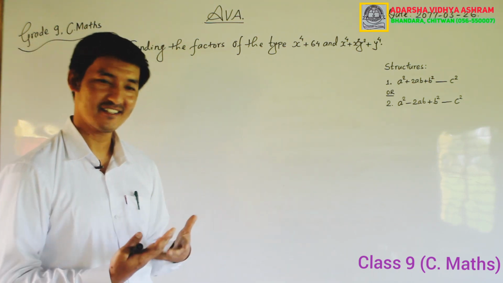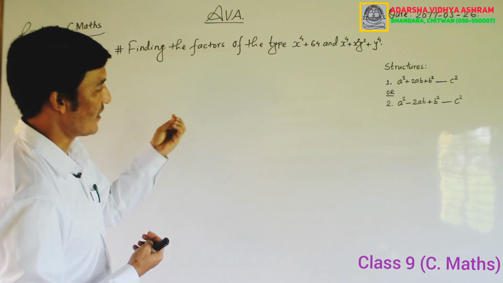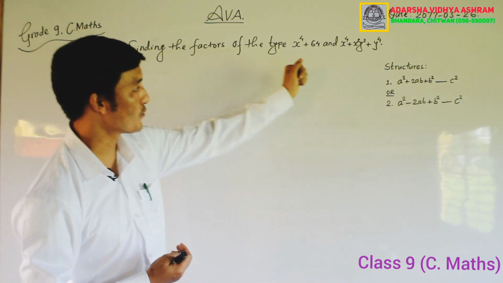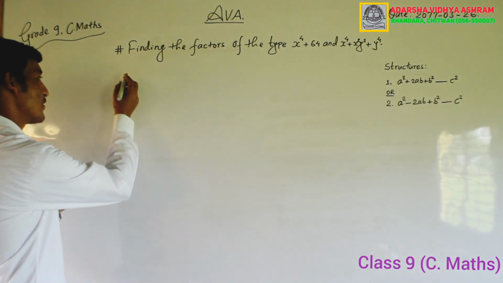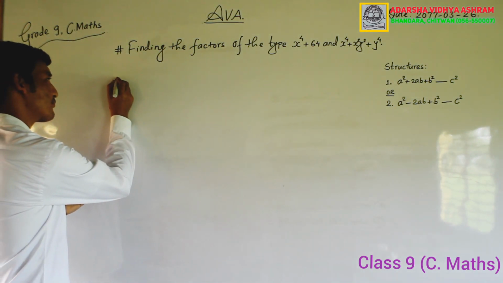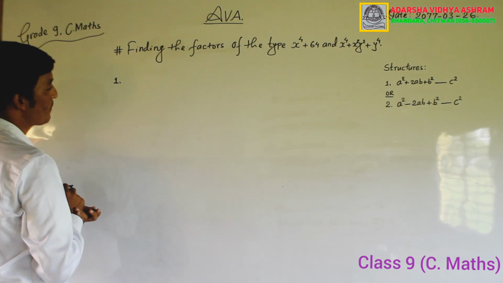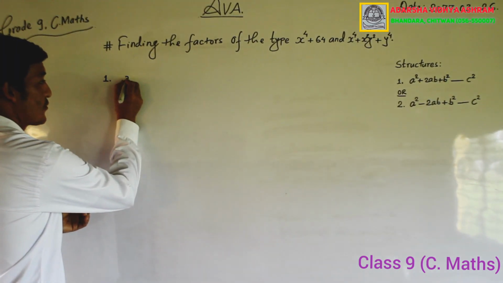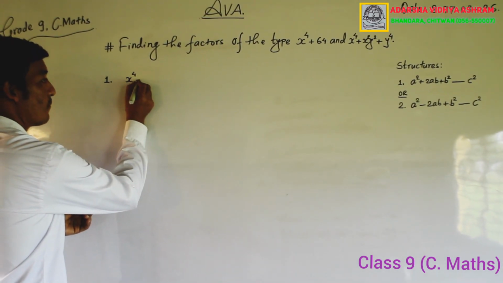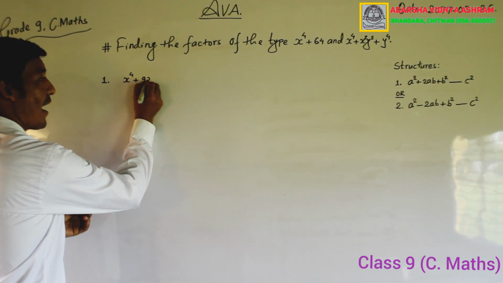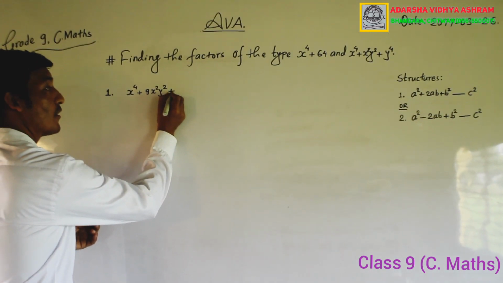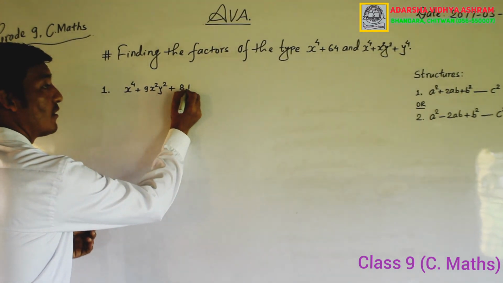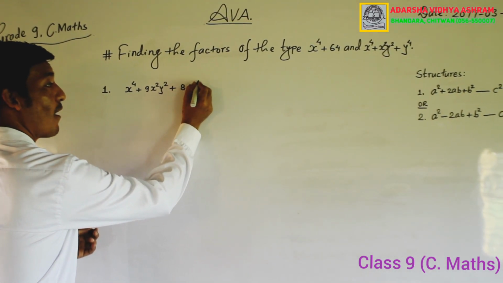Let me go to the first example, and that example is: number 1, x to the power 4 plus 9x square y square plus 81 y to the power 4.